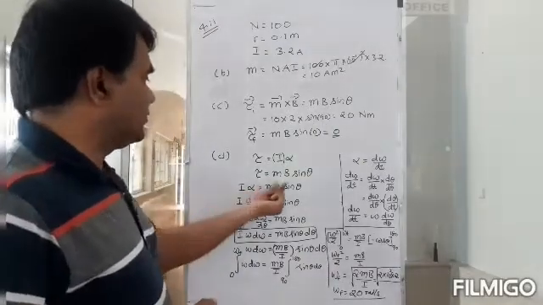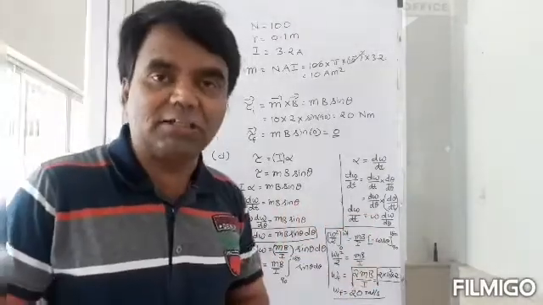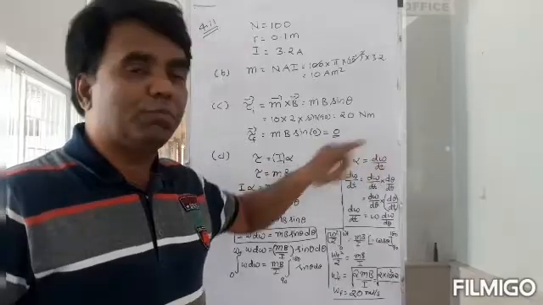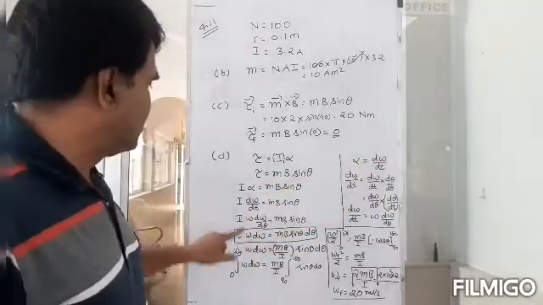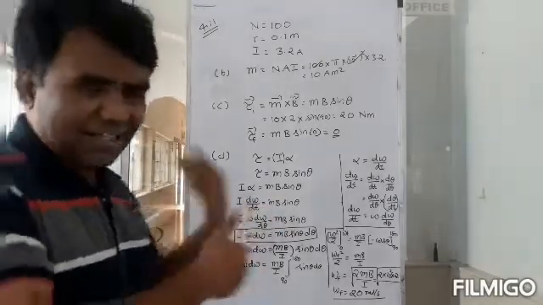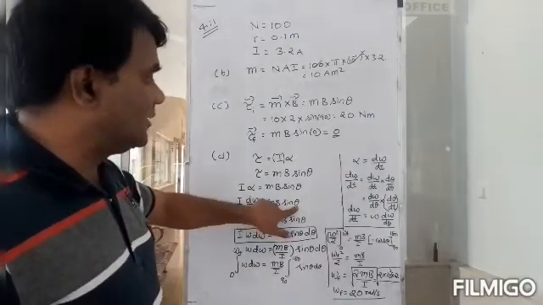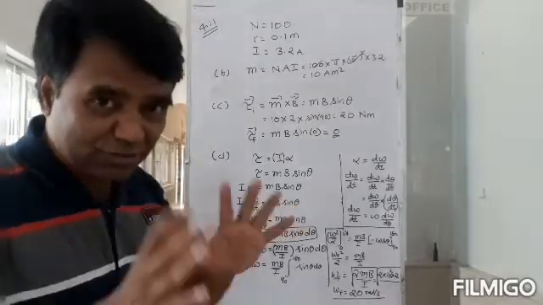At any angle theta, tau can be found as mb sine theta. Okay, so I alpha is equal to mb sine theta, but alpha is the rate of change of angular velocity. So alpha is d omega by dt, because we want to find omega, right? So I need to express alpha in terms of omega. So that gives me d omega by dt is equal to mb by I sin theta. Can I integrate it straight away? No, I can't, because this function is in theta, but I am going to integrate it with time, so that won't work.